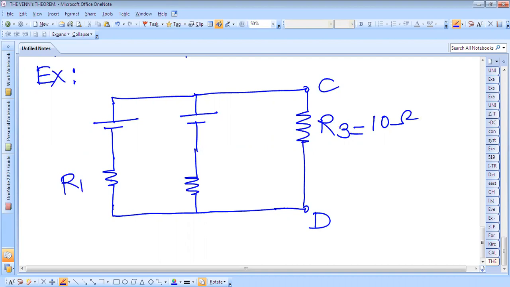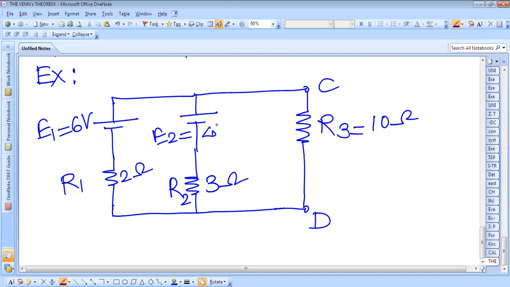This is R1, which is 2 ohm, R2 is 3 ohm, and the sources are given: E1 is equal to 6 volt, and E2 is equal to 4 volt. These are the C and D terminals of an active network, and we have to calculate the current flowing through the load resistance R3 by using Thevenin's theorem.